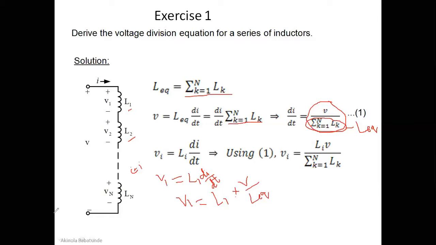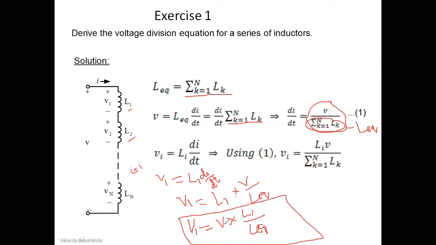If you rewrite this, it simply means that your V1 can be equal to the voltage source multiplied by L1 divided by L equivalent. This is what is implemented. So for voltage division in an inductor, this is what you have. This should not be strange to you because we've done something like this before with resistors.